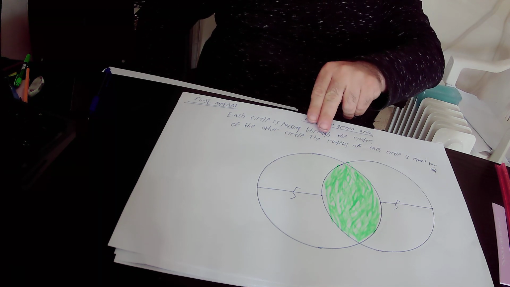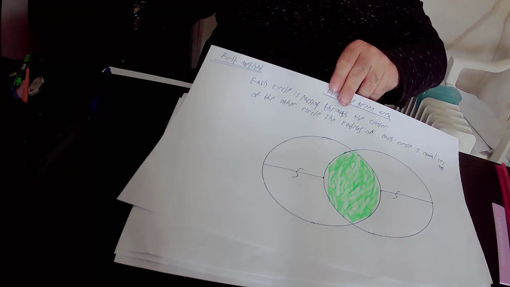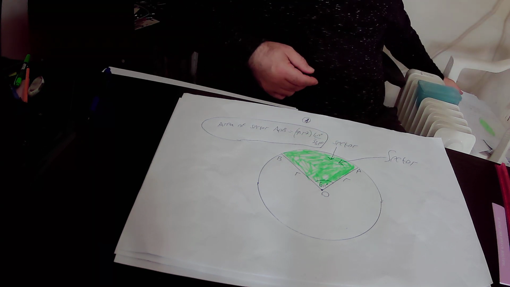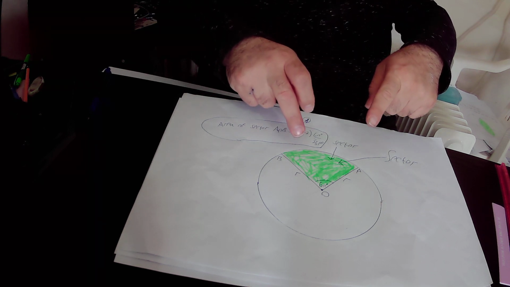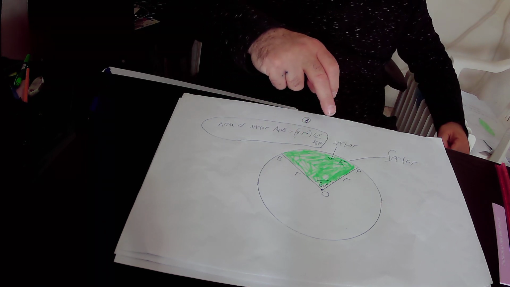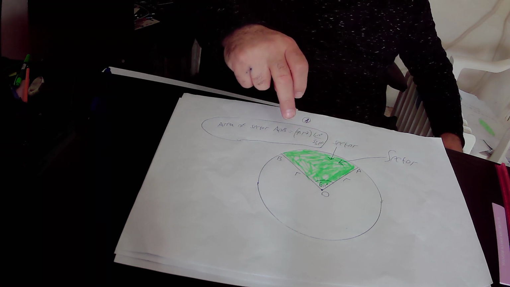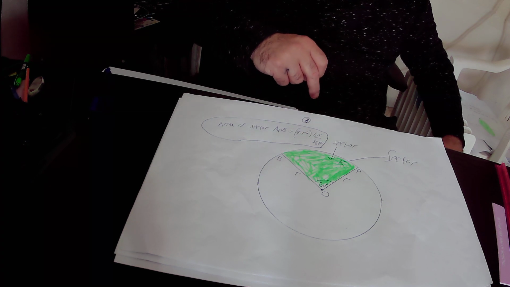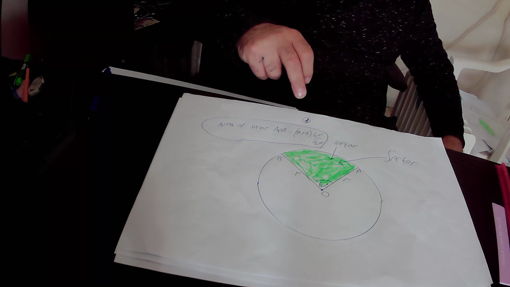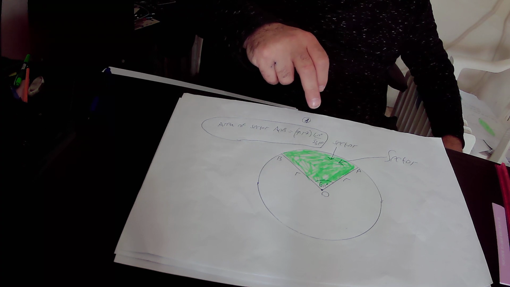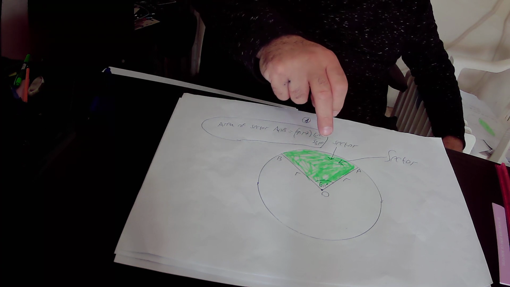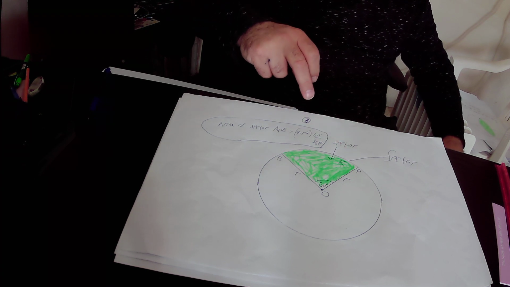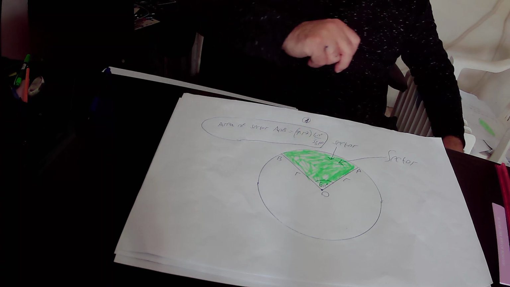Okay, but first of all I will present to you the term sector. A sector is the area inside the circle that is bounded by two radiuses and the arc between those two radiuses, and the area of a sector is equal to pi r squared times the angle between the two radiuses over 360 degrees, where r is the radius of the circle.